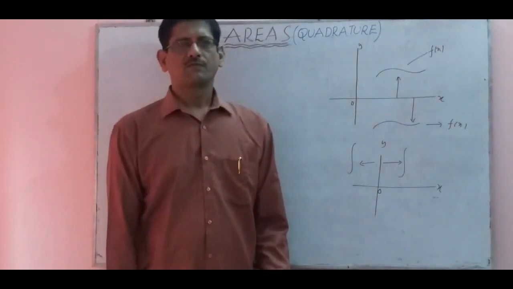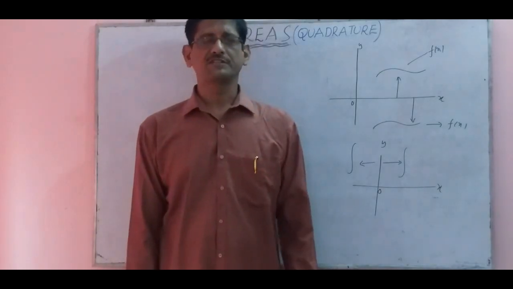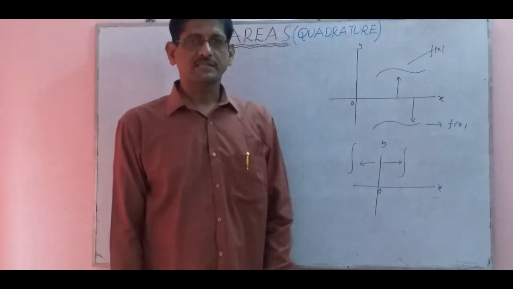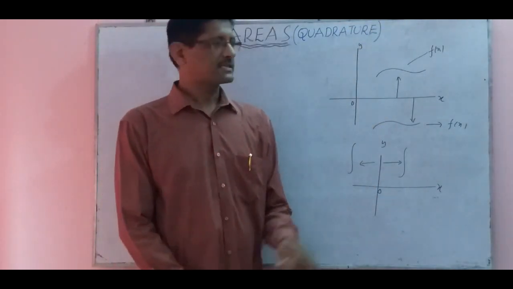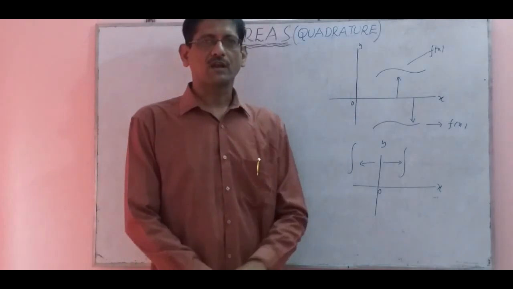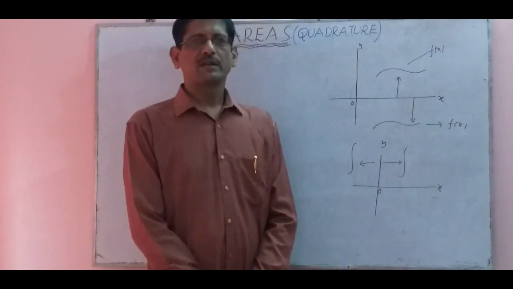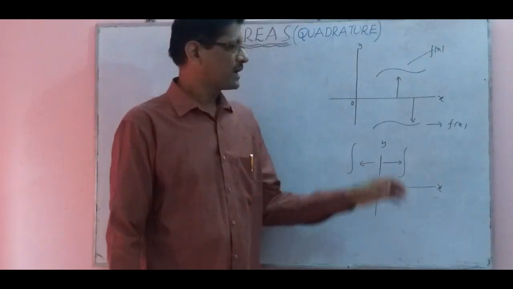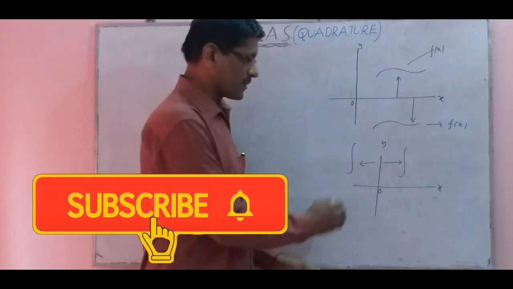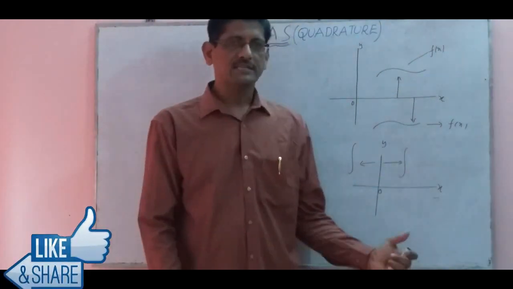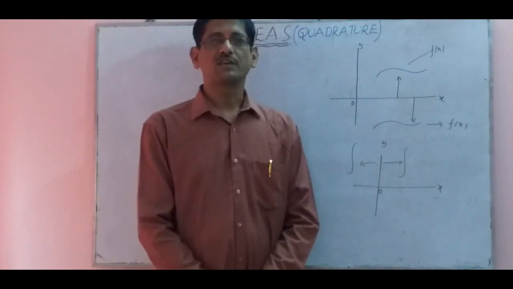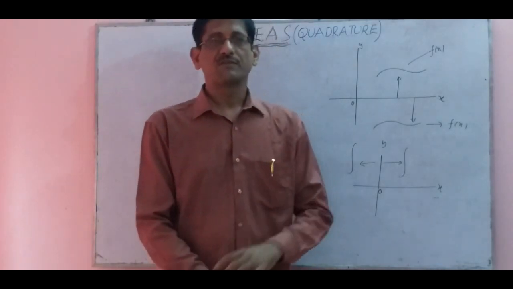That means first we have to identify the curve position. If it is above the x-axis it will be one way, if it is below it will be another way. But area is always positive, but integration is negative or positive. The curve position: is it above the x-axis or below the x-axis, or is the curve on the right side of the y-axis or the left side of the y-axis? First identify the position of the curve, then determine the area.